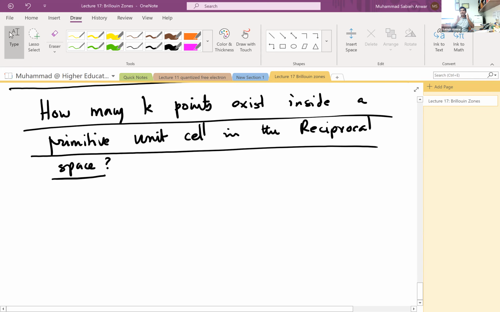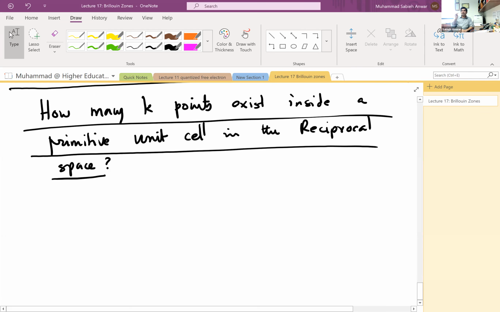That unit cell has a certain length, 2 pi over a. And within that unit cell, we had N k points, where N is the total number of unit cells in the real space that exist inside the solid. So for a bigger solid, macroscopically, there are more k points inside the first Brillouin zone.